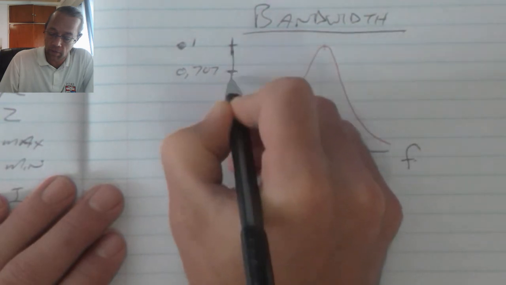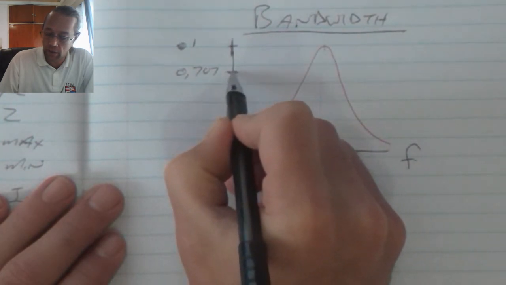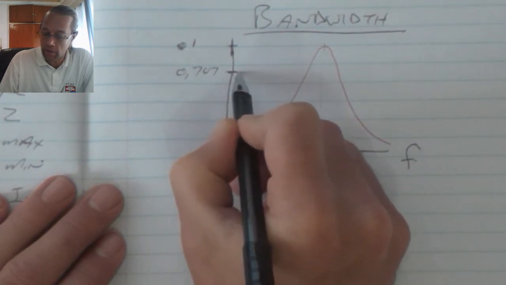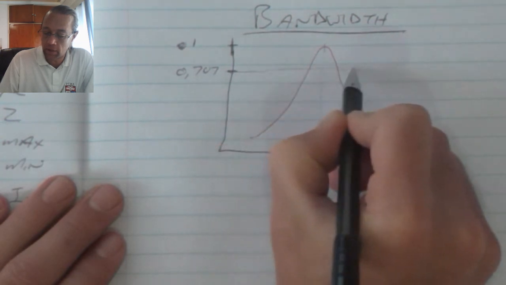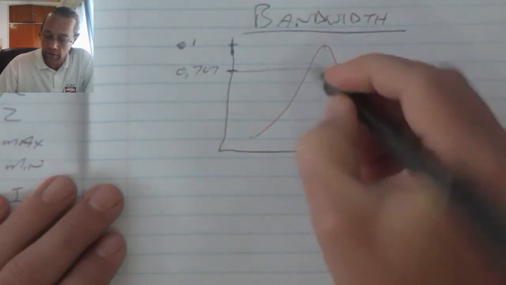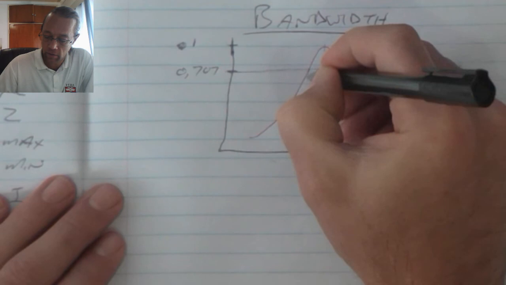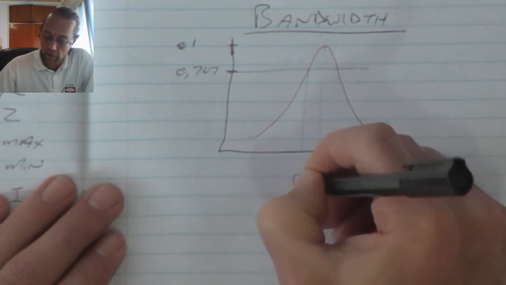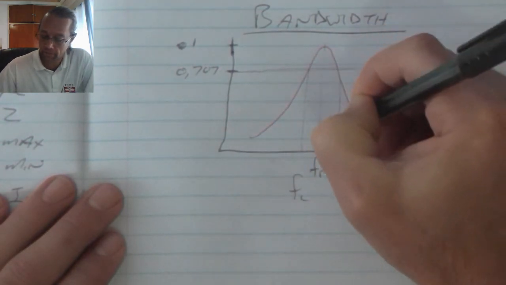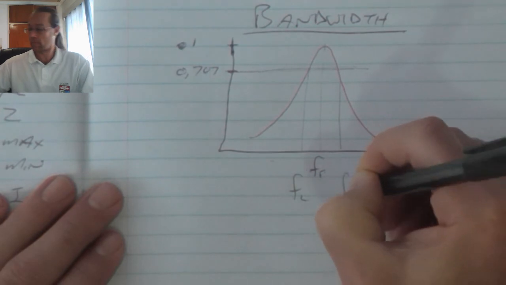That is 1, that is 0,707 or 70.7% of the maximum, and that level will indicate my bandwidth. We find there is our lower frequency and there is our higher frequency.